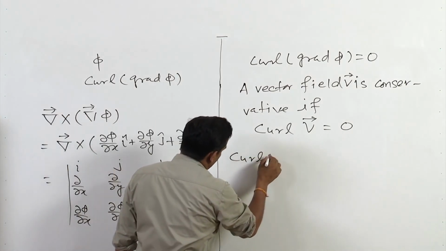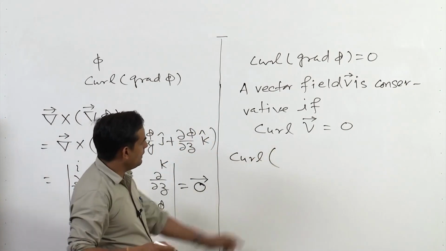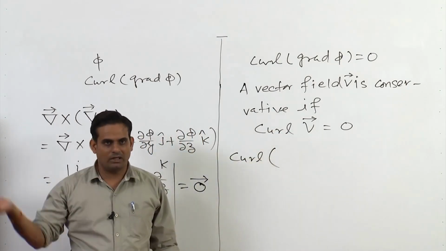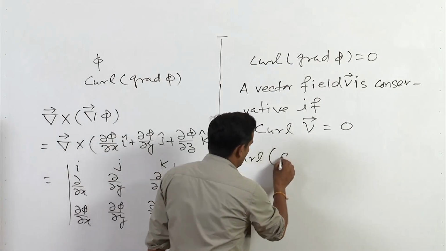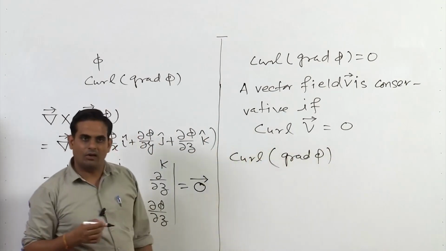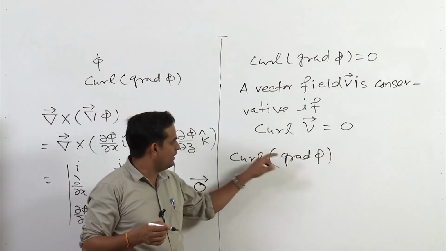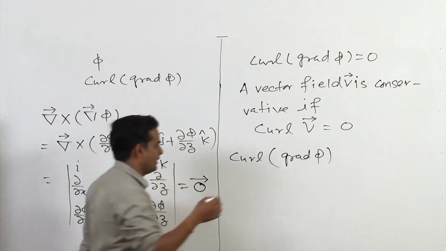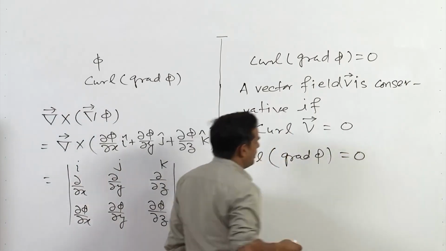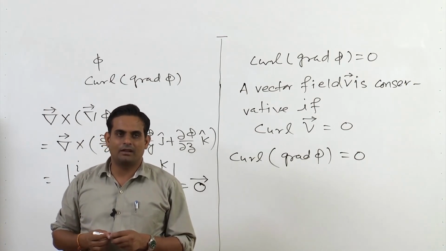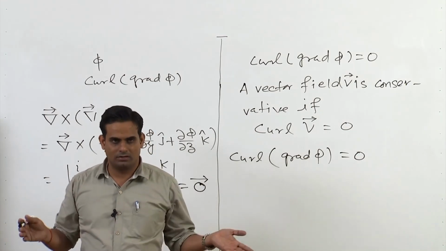Because if V is conservative, then I can write V as the gradient of a potential function phi, that is, gradient of phi, and curl of gradient of phi we have just shown is always 0. So this is another way of testing whether a given vector function is conservative or not.